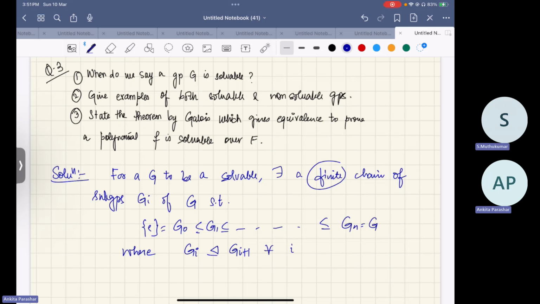This is true for all i from 0 to n minus 1.